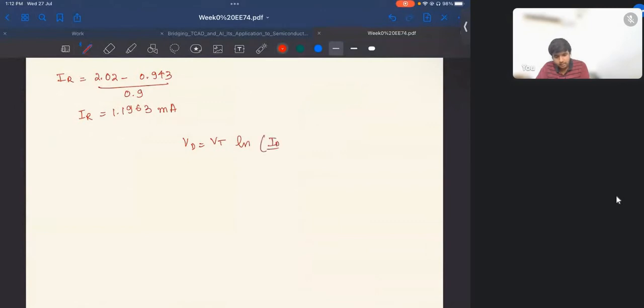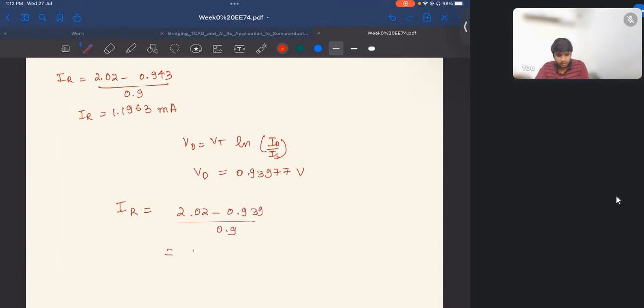This will give us Vd to be 0.93977 volts. Now for this Vd, if we calculate IR again, it will be 2.02 minus 0.939, divided by 0.9.